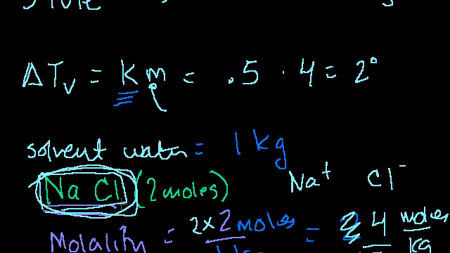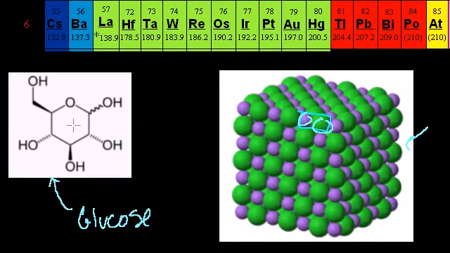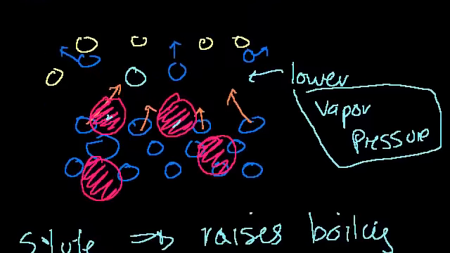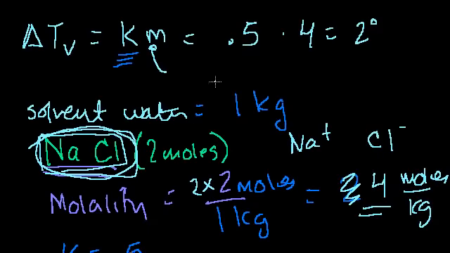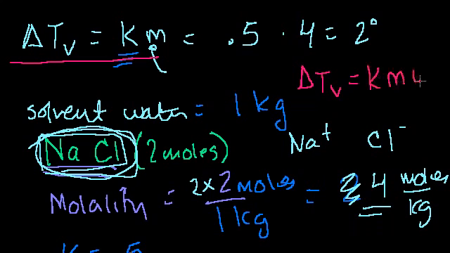Now, if I had the same number of moles, 2 moles of glucose dissolved into my water, I would only get half as much of an increase, because the molality would be half as much, because it doesn't turn into 2 particles. In some textbooks, you'll actually see the same formula written like change in boiling temperature is equal to K times M times I, where M is the molality of the compound you're talking about.